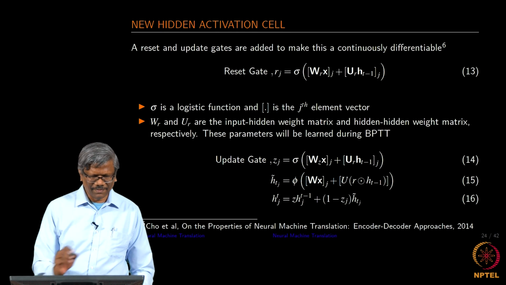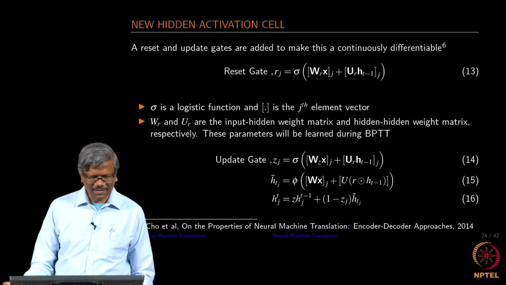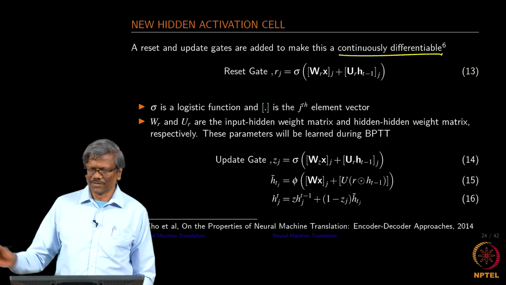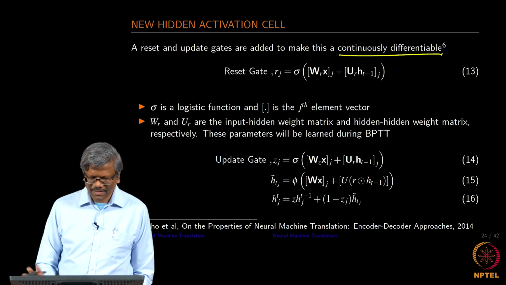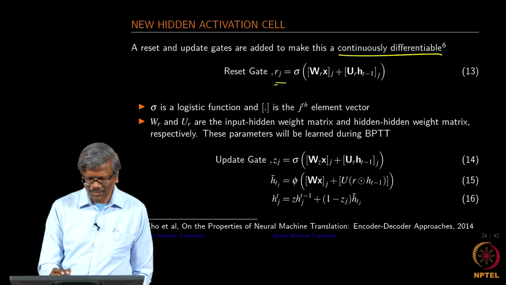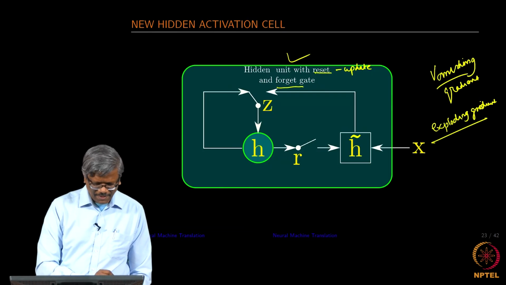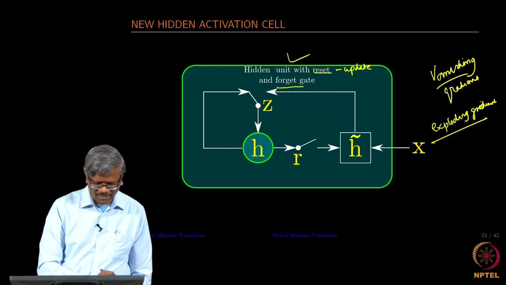All right. So, we have a new hidden activation cell which helps us in terms of solving the vanishing gradient problem by making the values continuously differentiable. So, we have a reset gate. You may want to look at the diagram earlier and see how the reset gate is obtained.